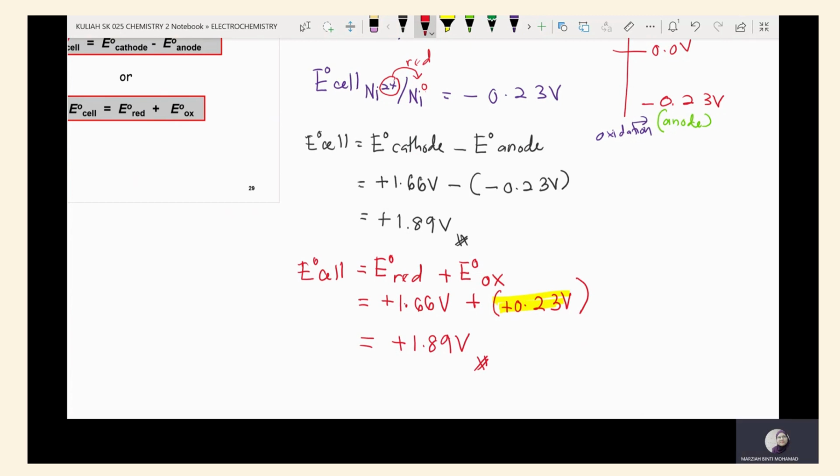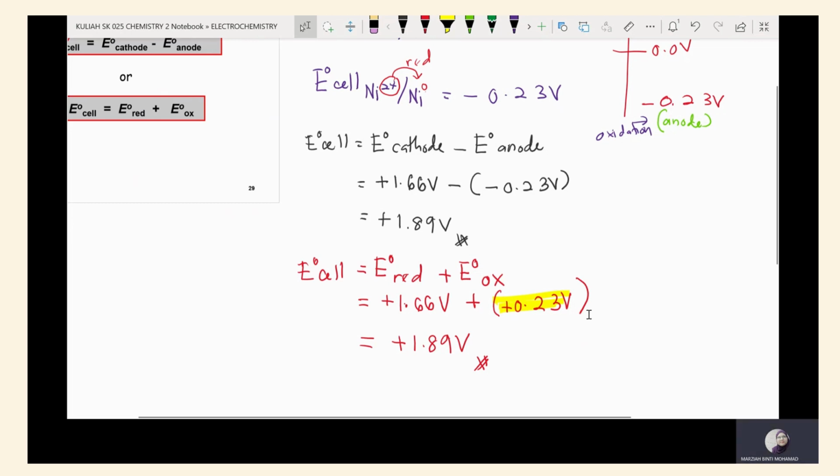I don't recommend you to use this formula because I'm worried you might forget to switch the value, because the E naught cell value given represents the standard reduction potential. When it undergoes oxidation, you must switch the value from positive to negative or negative to positive.